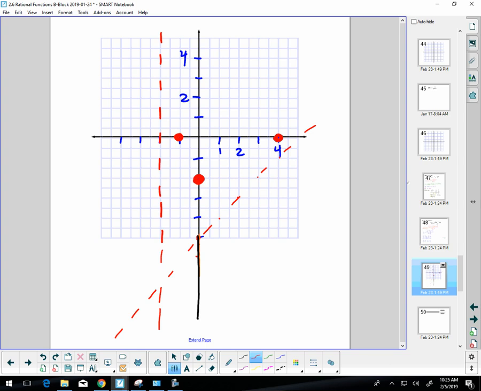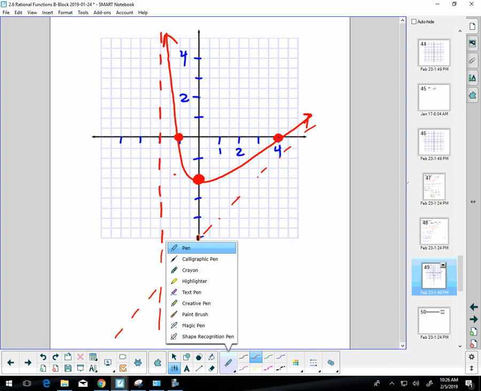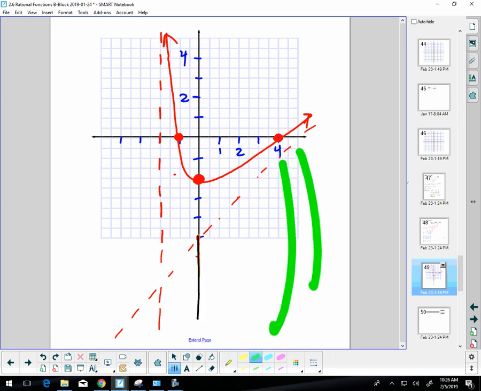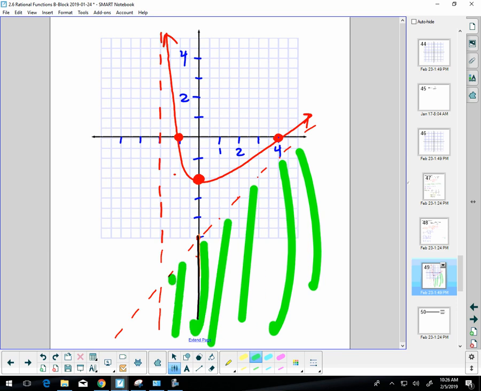So those 3 points indicate to me my graph will look like this in that particular quadrant. So that tells me a little more information. That tells me my graph will not exist here because I would fail the vertical line test and I would not have a function.